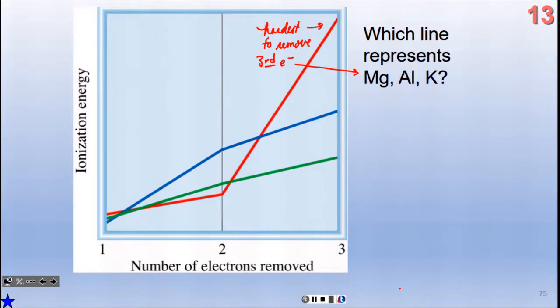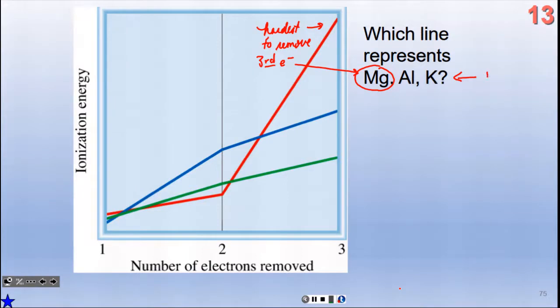So how do we make sense of these? Well, magnesium is going to be the red line, and aluminum and potassium are ones where they are increasing gradually. But what's the difference between aluminum and potassium? Potassium has a big jump from the first electron to the second one.